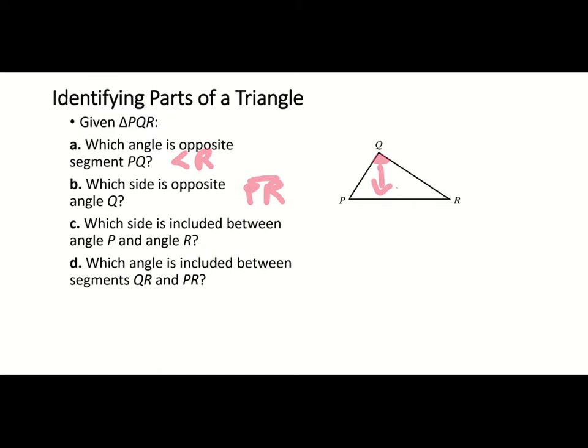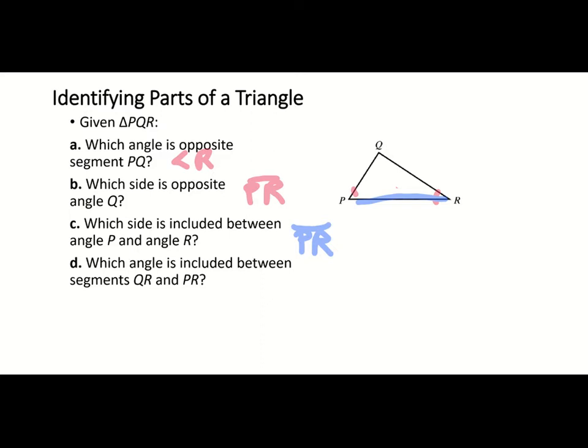Next, we need to know which side is included between angle P and angle R. So here is P and here is R. So the side included between the two would be, again, segment PR.